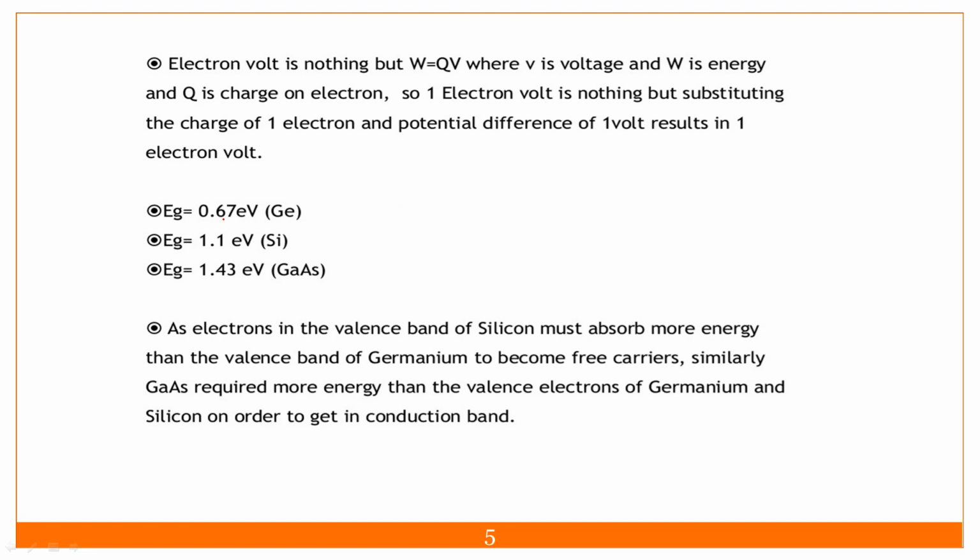Suppose germanium has 1000 carriers, silicon has 500, and GaAs has 100 electrons. Tell me the ascending order of carrier concentration, which has more, which has moderate, and which has less, depending on the band gaps.